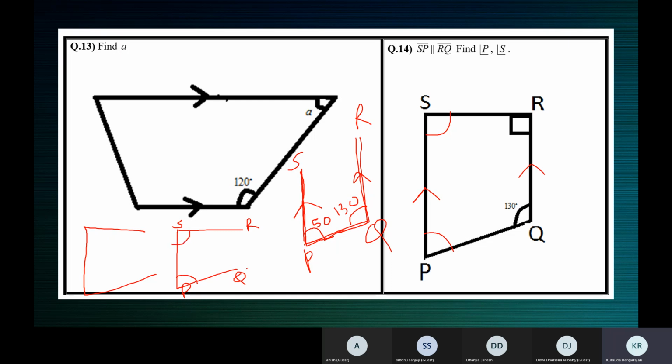In this representation we take up only two lines intersected by a transversal. So here we have only two angles, P and S. And how much is P? 50 degrees, ma'am. P is 50 degrees.